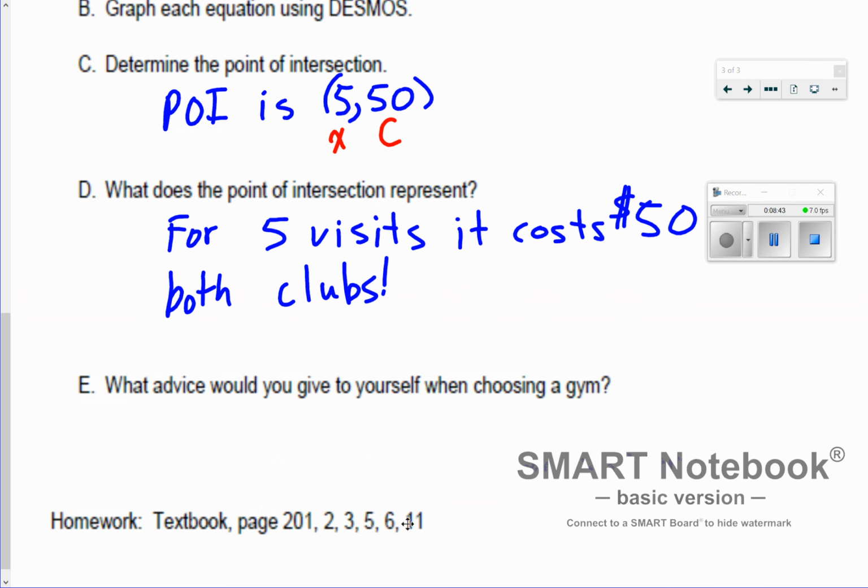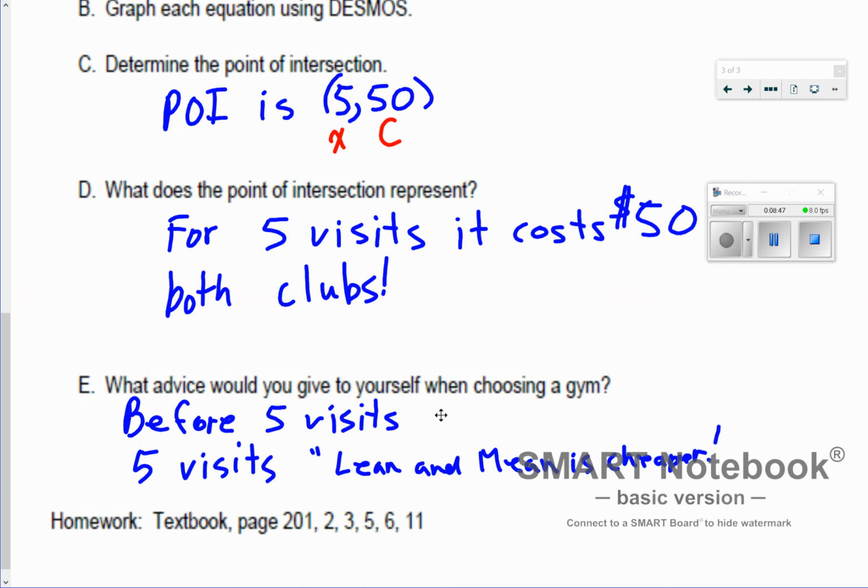Well, before 5 visits, I would use Chubby because it's cheaper. After 5 visits, I would use Lean Mean because it would be cheaper overall. And that's it. Your homework is page 201, 2, 3, 5, 6, and 11.